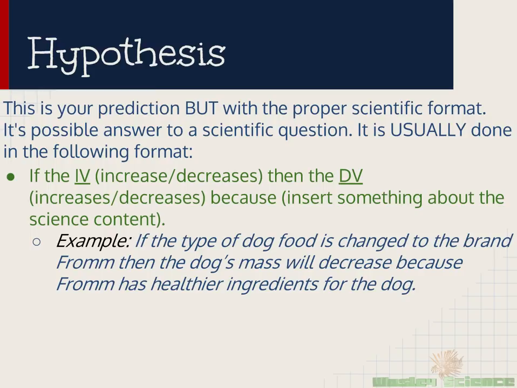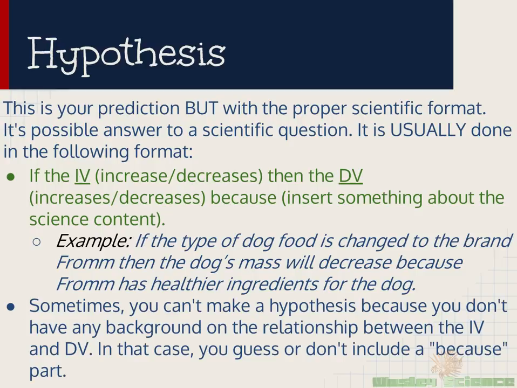So there is our hypothesis, guys. Not too bad, right? Now, like I was talking about before, sometimes you can't make a hypothesis because you don't have any background on the relationship between the IV or the DV itself. In that case, you can just sort of guess, and you don't need to have the because part.